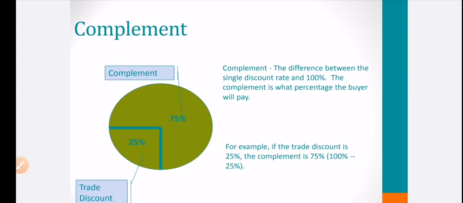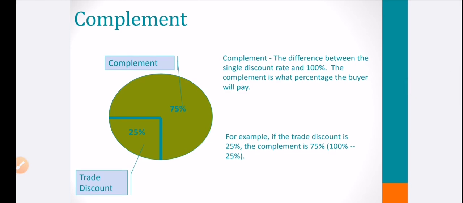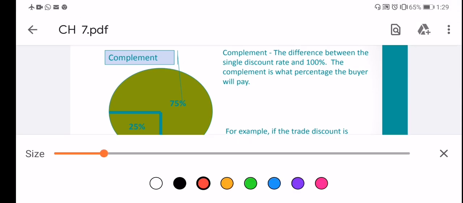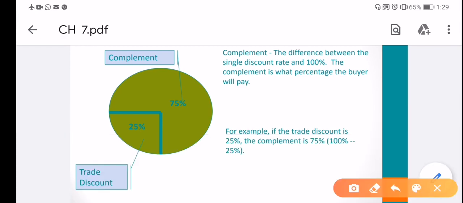There is another way to find out how much you should pay after the discount using the complement. In this figure, we show you what is the meaning of complement. Suppose that this part, 25%, is the trade discount.